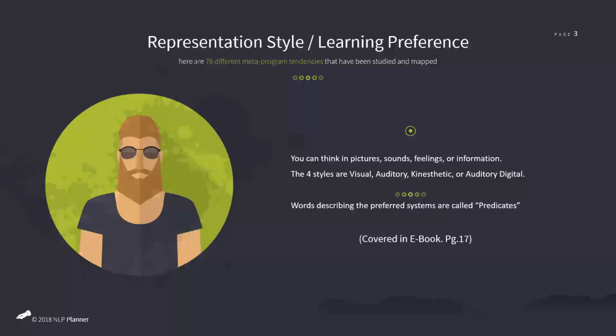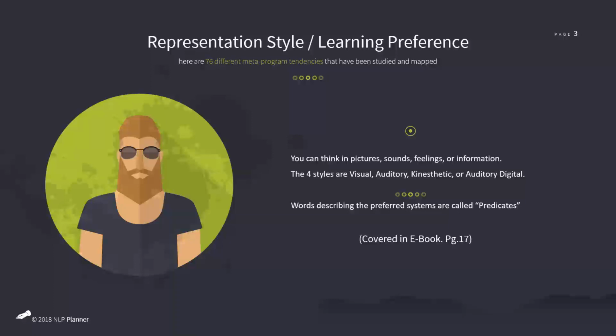So basically, people think in pictures, people think in terms of sounds, people think in terms of feelings, or people think in terms of information. So there are four buckets that people's learning process goes in, or their style of representation is put in one of those buckets.